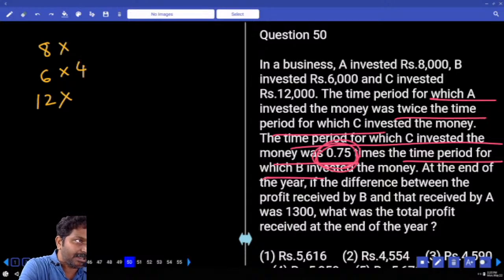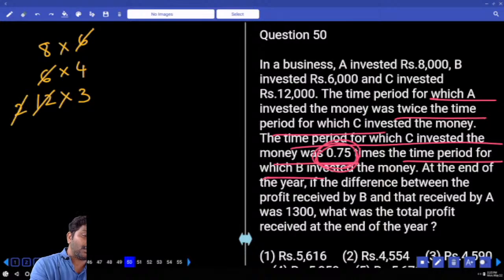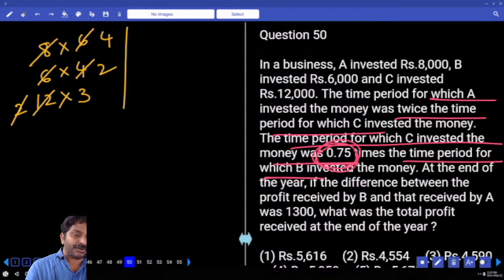C's time period is 3/4 of that number, which is equal to 3. A's time period is 2 times of this number, which is 6. So the ratio is 6, 4, 3.